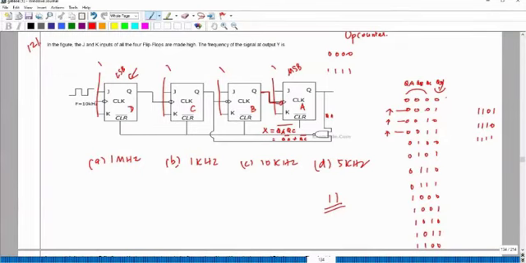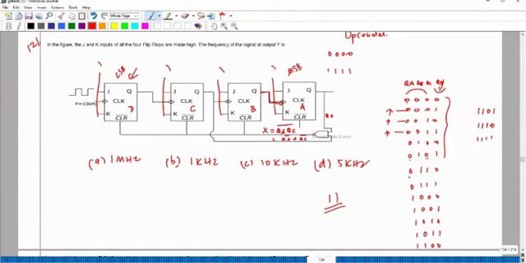So if you see up to this stage, what is QA bar plus QC bar? It is 1. Okay, for up to this stage, QA bar plus QC bar is 1, right?